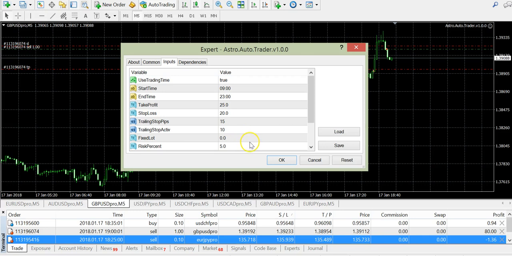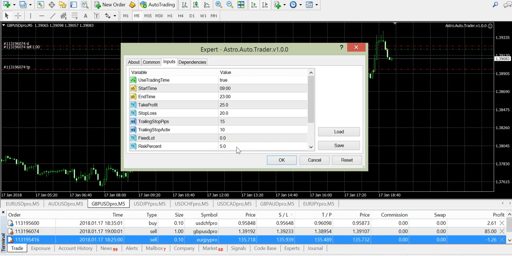And here you have two opportunities. You can trade with a fixed lot size, like we have this 0.10 or 0.5 or 1.0 or anything, or you can use this risk percent number.